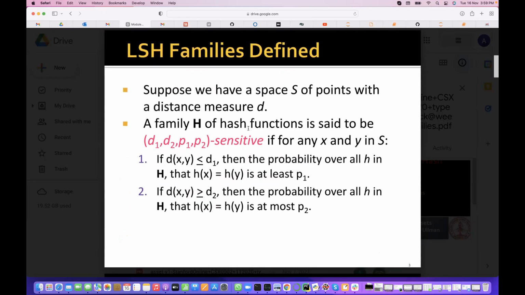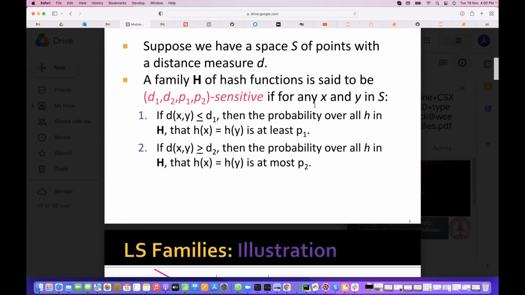Suppose we have a space S of points with a distance measure D. So if you have points, then the similarity we measure in terms of the distance. If that distance measure is D, a family H of hash functions is said to be (D1, D2, P1, P2)-sensitive if for any X and Y in S, if the distance between X and Y is less than or equal to D1, then the probability over all h in H that h(x) = h(y) is at least P1.